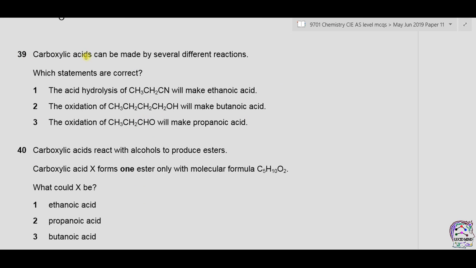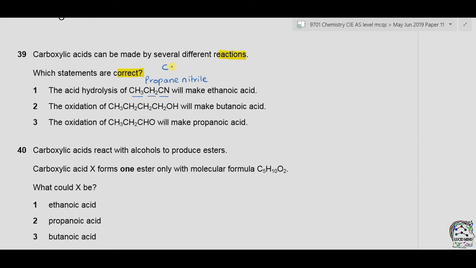Question 39. Carboxylic acids can be made by several different reactions. Which statements are correct? First is the acid hydrolysis of CH3CH2CN. This is propane nitrile. Will it make ethanoic acid?